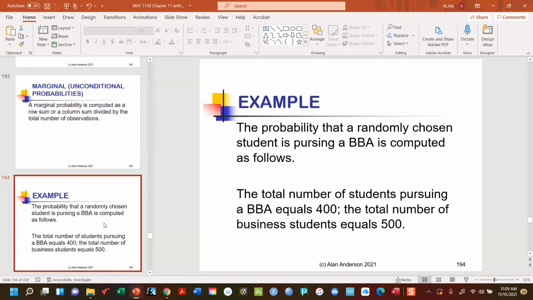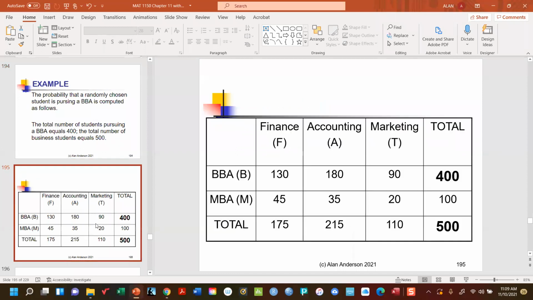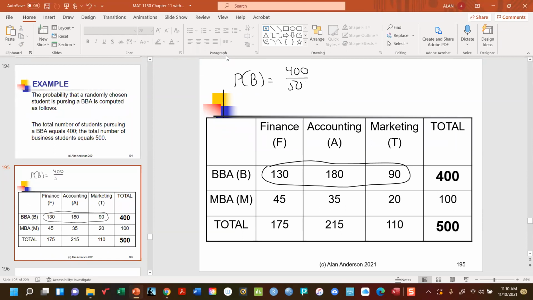I just want to know the probability that they're getting their bachelor's degree. So we look ahead to the next slide, and you can see all together by adding up all of these students, I have 400 getting their bachelor's degree. The entire business program has 500 students. So therefore, this probability is very simply 400 out of 500, which is 0.8.